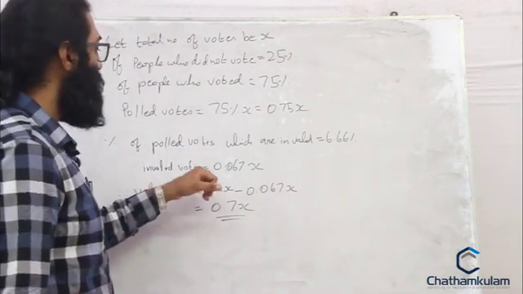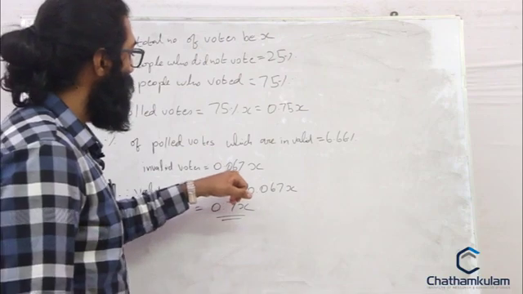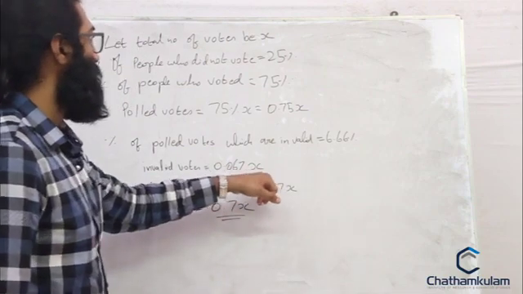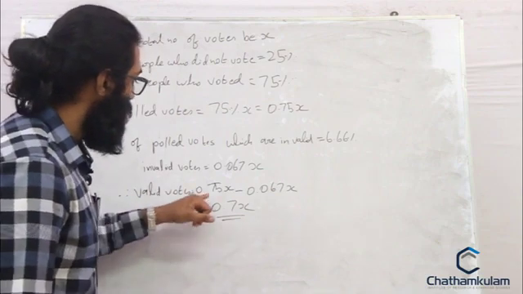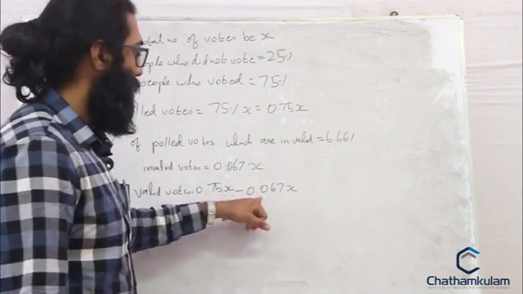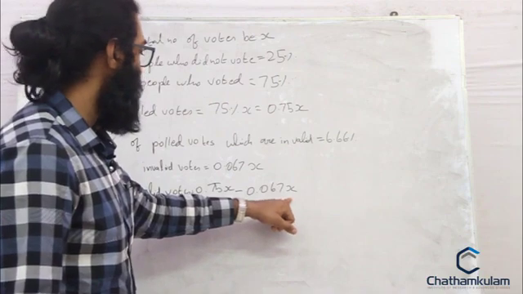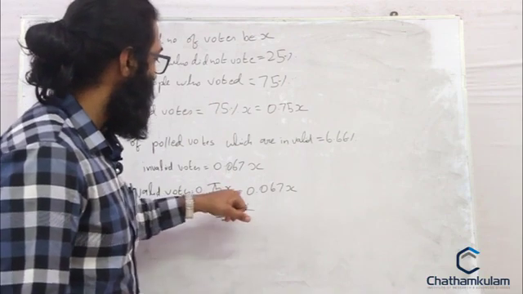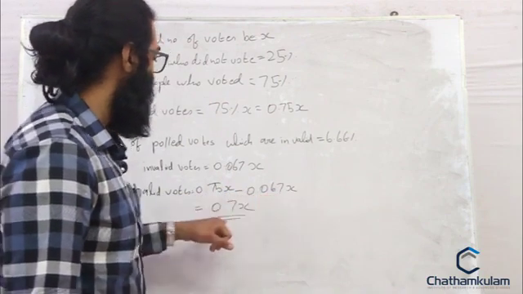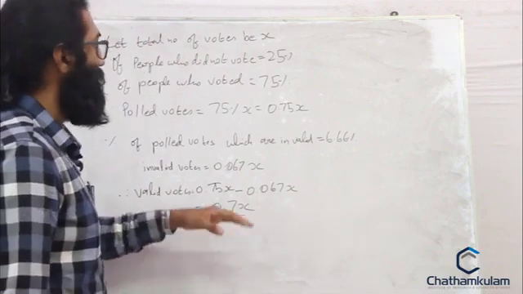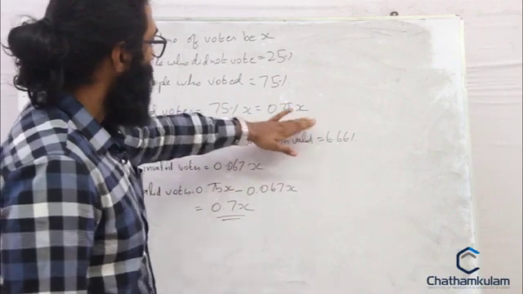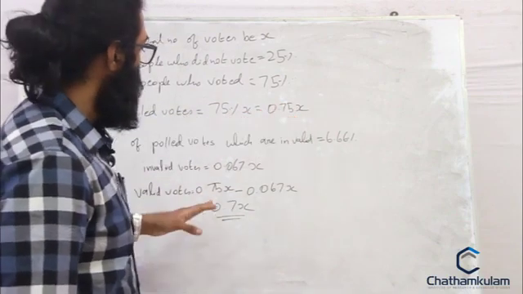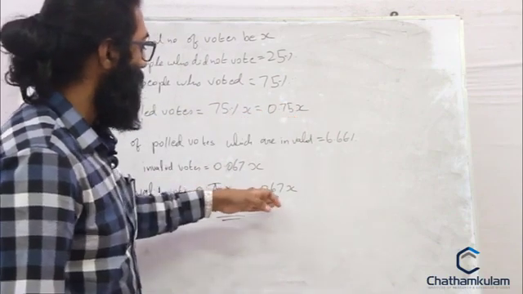Therefore invalid votes equals 0.067x, from the total number. Therefore valid votes is equal to 0.75x minus 0.067x, which would be equal to 0.7x. So we subtract this from this, right?